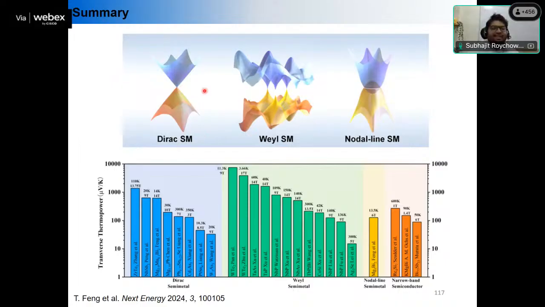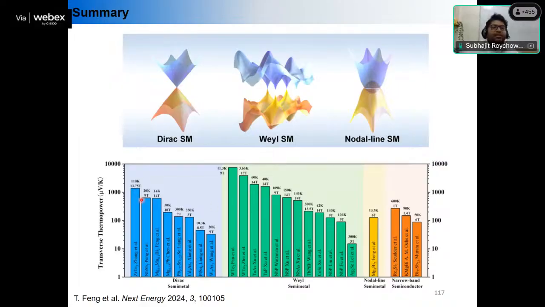You can see here, this is the Dirac semimetal, this is the Weyl semimetal, and this is the nodal line semimetal. There are several reports on transverse thermopower, and the maximum is observed in WTe2, which is a Weyl semimetal.